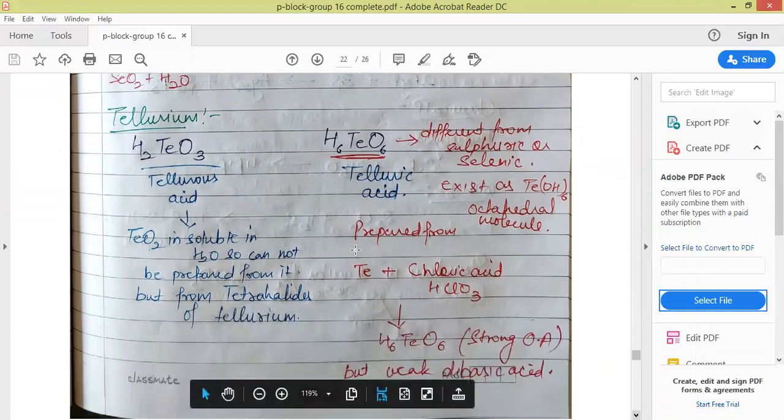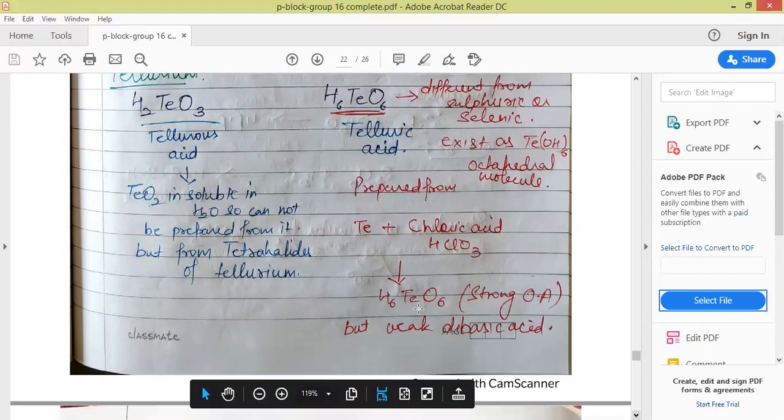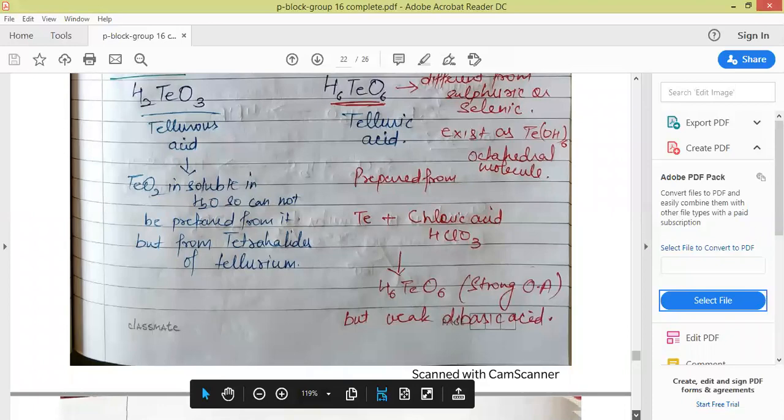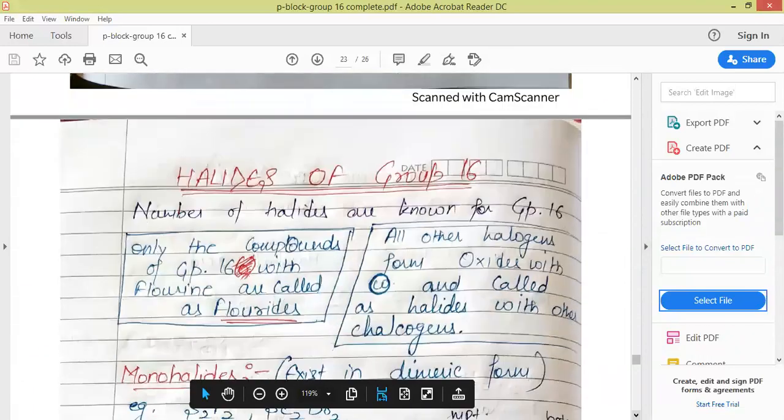It can be prepared from the reaction of tellurium with chloric acid, HClO3, and we get H6TeO6, or Te(OH)6. This is a very strong oxidizing agent, but a weak dibasic acid. It is used as a very strong oxidizing agent.